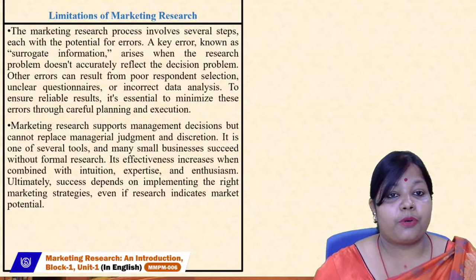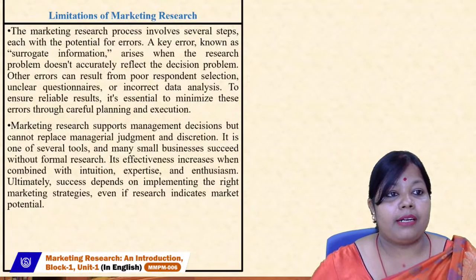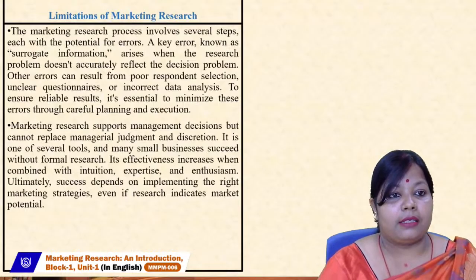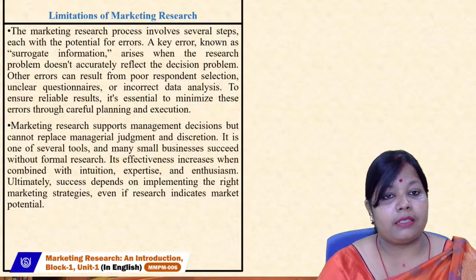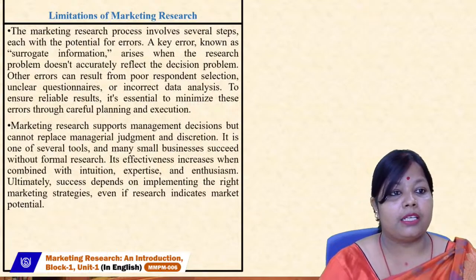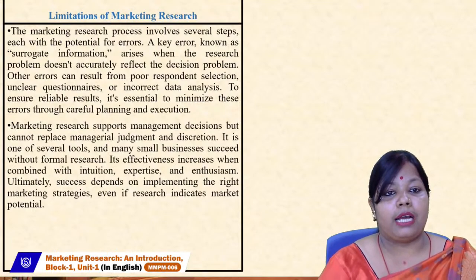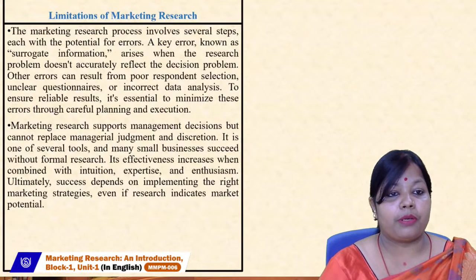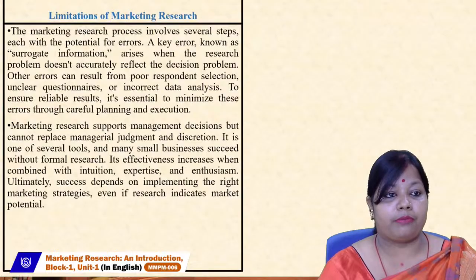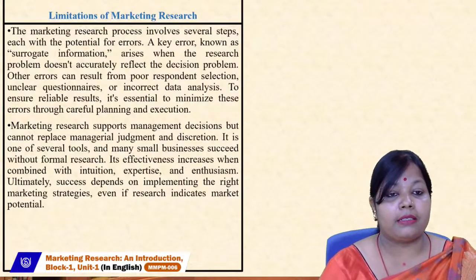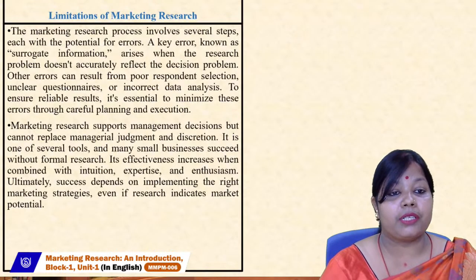The marketing research process involves several steps, each with the potential for errors. A key error known as surrogate information arises when the research problem does not accurately reflect the decision problem. Other errors can result from poor respondent selection, unclear questionnaires, or incorrect data analysis.